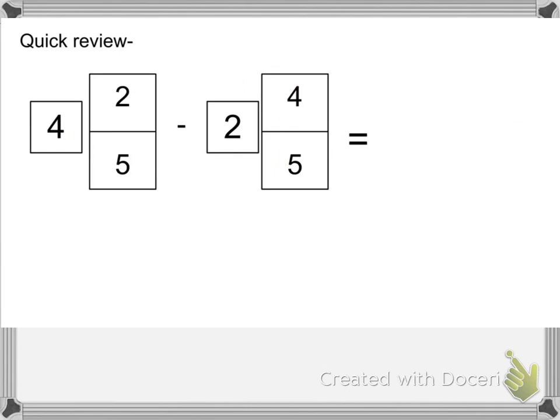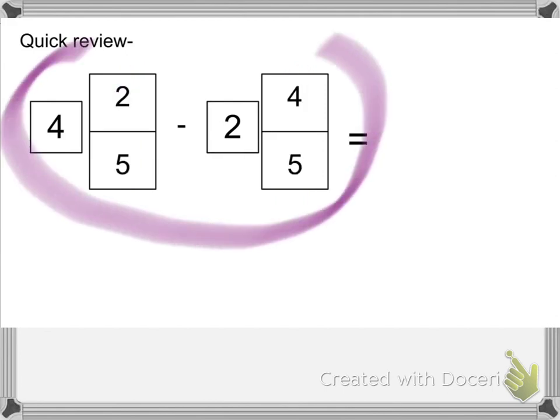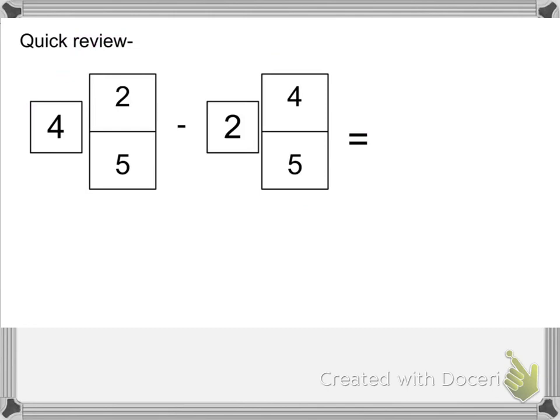Next slide here. Again, same common denominators, absolutely, the 5's. Okay, next thing I'm going to look at is my first fraction and my second fraction. Since my first fraction is smaller than my second fraction, I have to turn these mixed numbers into improper fractions.